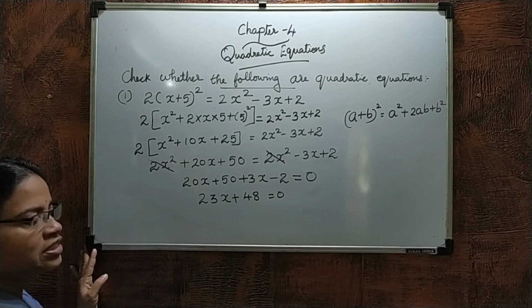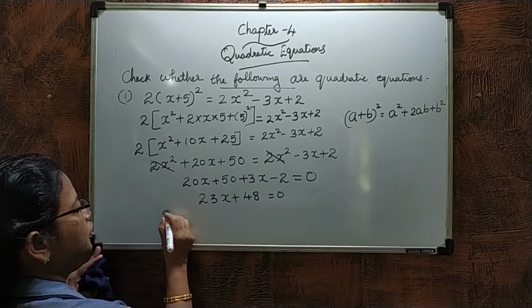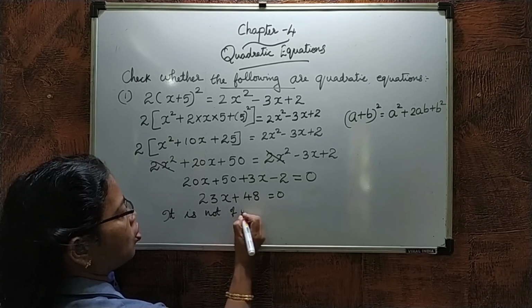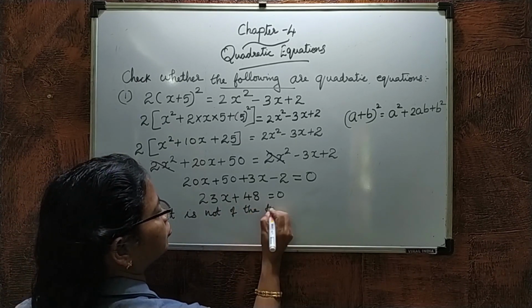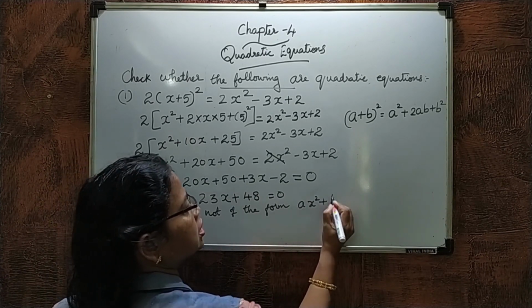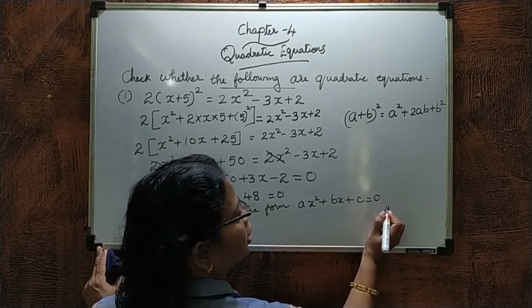So what you have to write is, this is not of the form ax square plus bx plus c equal to 0.